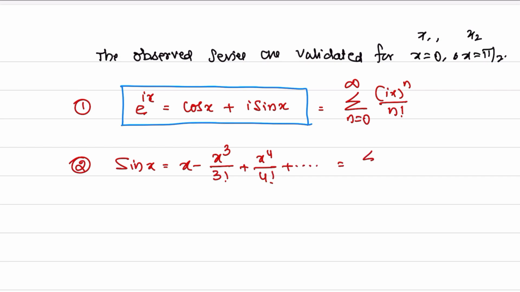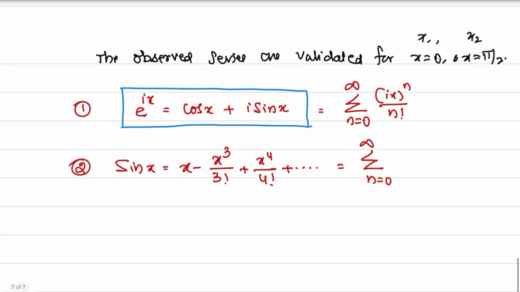That is equal to, in summation form, sigma n is equal to 0 to infinity, minus 1 to the power of n into x to the power of 2n plus 1, whole divided by 2n plus 1 factorial.